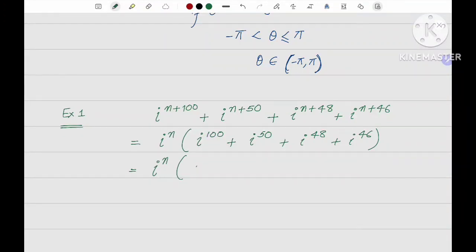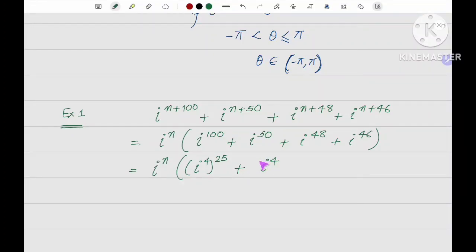I to the power 100, I can write as i to the power 4 to the power 25. Why am I writing it in powers of 4? Because I know that i to the power 4 is 1. So I to the power 4, I can straight away write 1, and whatever is remaining, I will see whether it is i cube or i square or i.